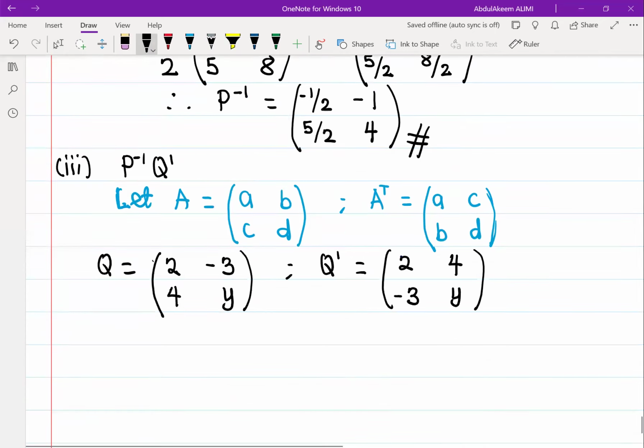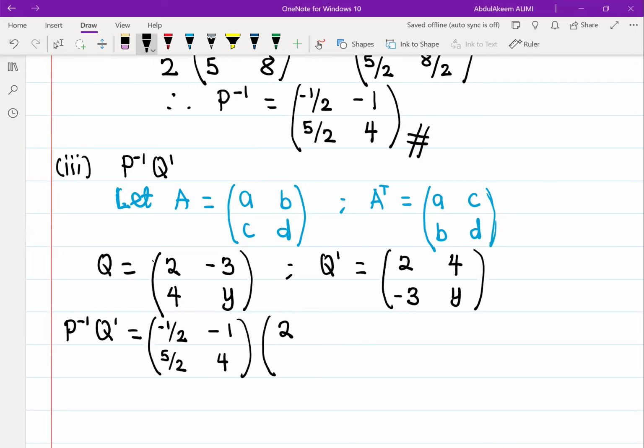So let's now solve the question we have here. It said P inverse Q prime. What is the value of my P inverse? The value of my P inverse is equal to minus 1 over 2, minus 1, 5 over 2, 4, times 2, 4, minus 3, and y.